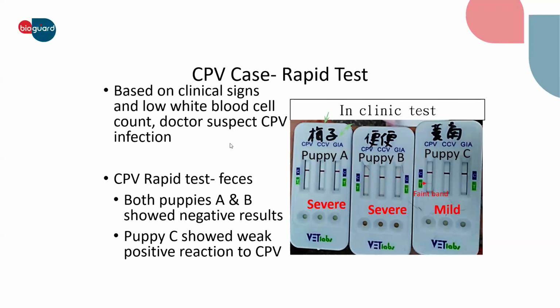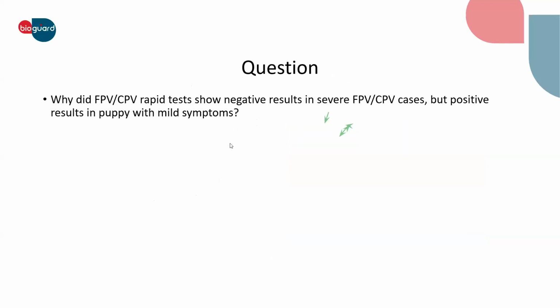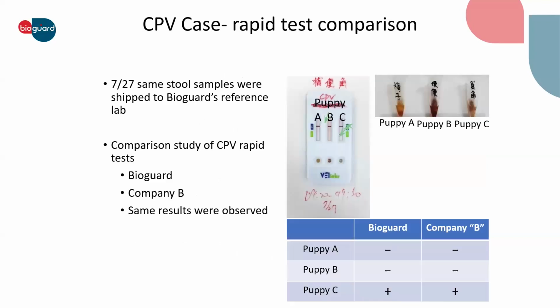To figure out the issue and answer the questions from the vet and the clinic, we brought those feces samples from the hospital back to our reference lab in Bioguard. And then we did the repeat test again with those feces samples from those 3 puppies.